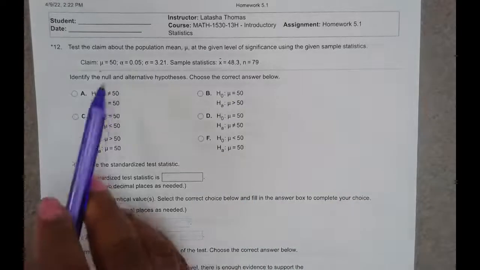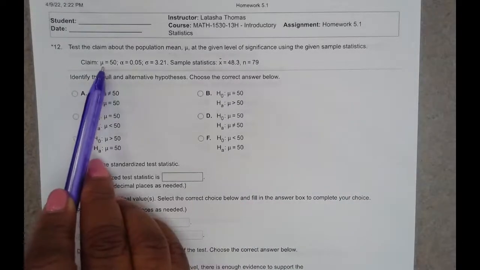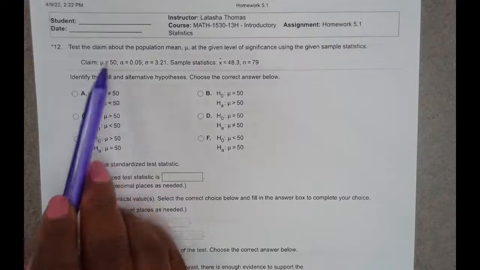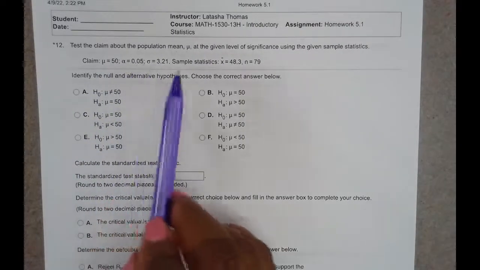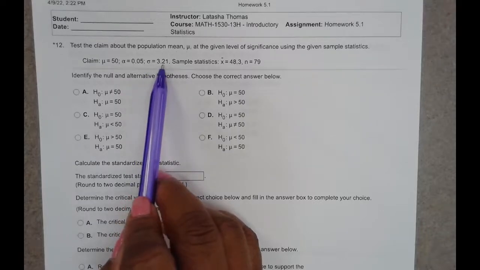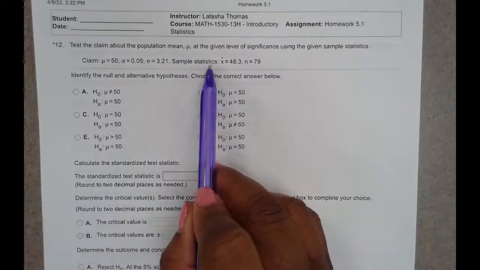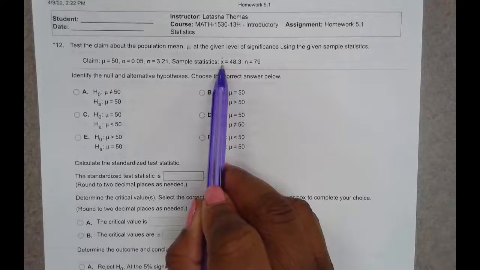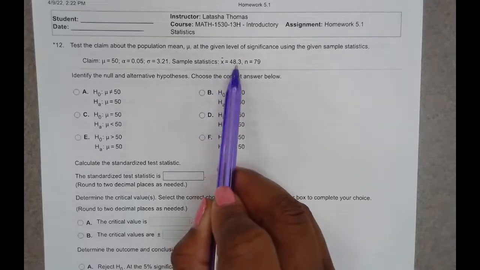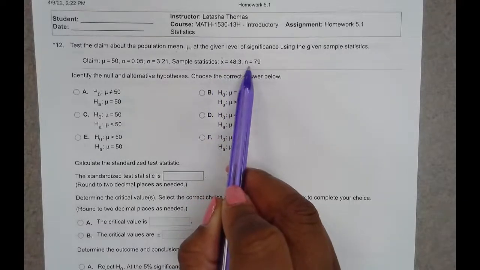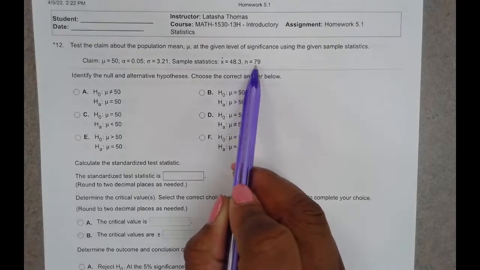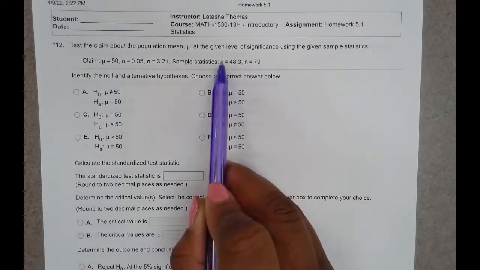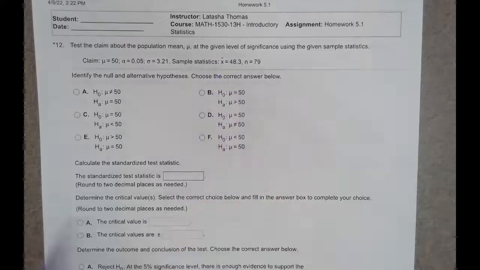We have a claim of the mean, or mu, is equal to 50. The level of significance is 0.05. The standard deviation is 3.21. And the sample mean is 48.3. And the sample size is 79. Remember, X bar stands for sample mean.